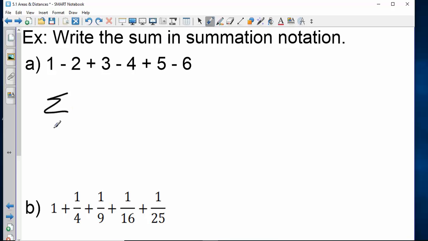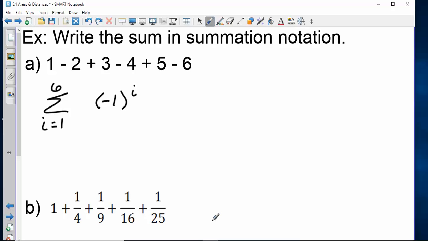Okay, so we know we are going to do the sum. You can pick whatever letter you want here. You can call it I, you can call it J, whatever. How many terms do we have? 6. So I'm going to start at 1 and end at 6. Now if I did negative 1 just to the I power, then when I put in a 1, would this give me a positive or a negative?